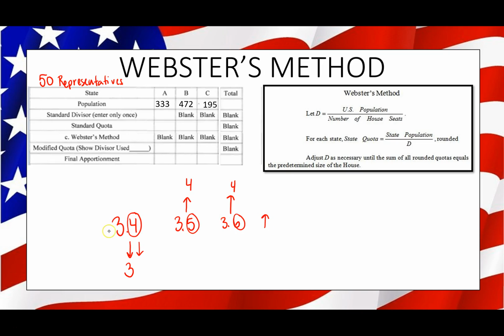All right, so let's go ahead and try this problem. So here we have different population numbers, and we're looking to distribute 50 representatives. So let's go ahead and add this up. 333 plus 472 plus 195, and that gives us 1,000 people.